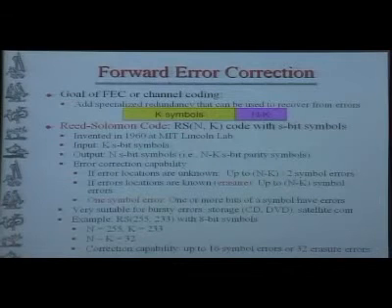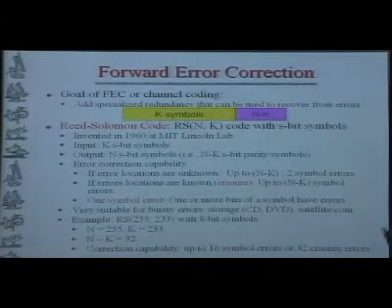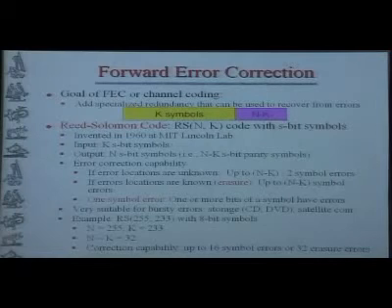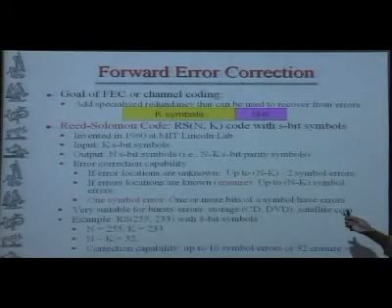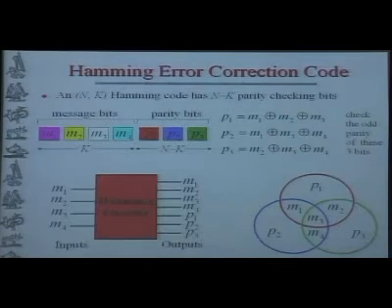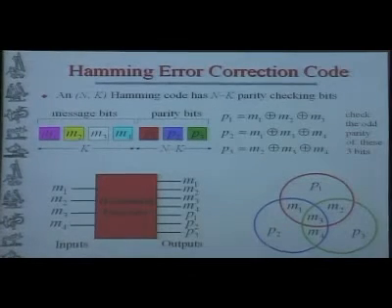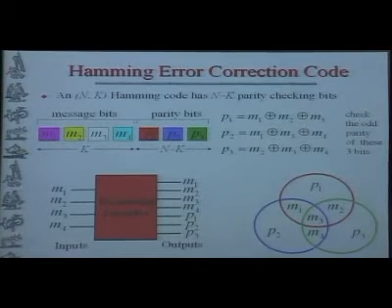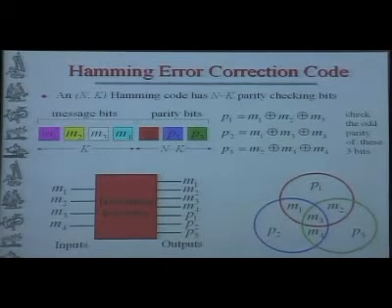It will take me maybe an hour or so to explain Reed-Solomon codes. So instead, let me explain a simpler one, the Hamming code, which is the earliest type of channel coding technique that was introduced.